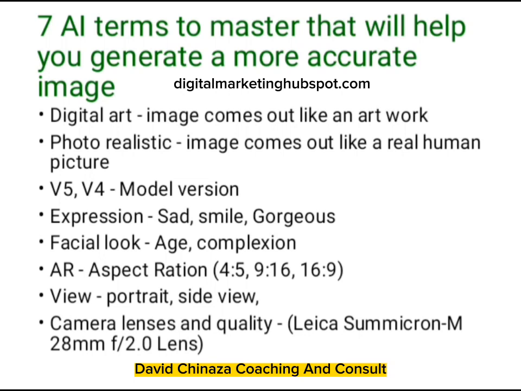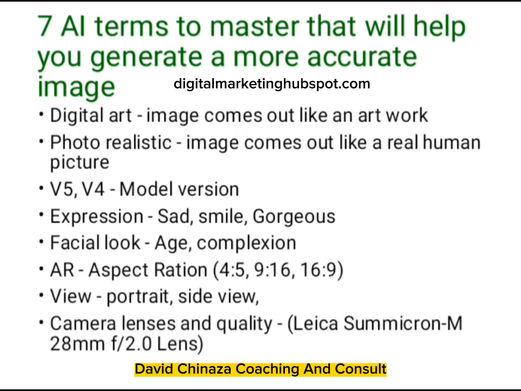So if you don't understand those cameras and their qualities, you will not be able to specify it. If you are going into generating high quality images of human beings, then you need to understand different cameras and their lens quality. Then you specify it.